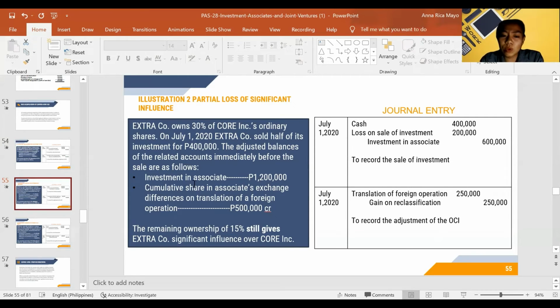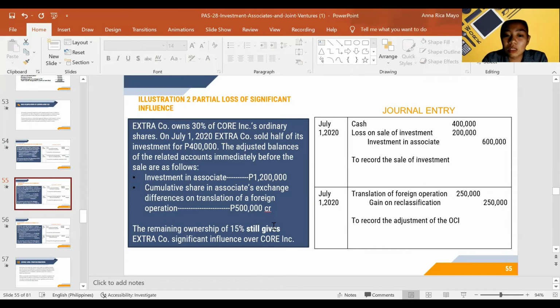And then, noong July 1, 2020, ang i-entry mo kasi nga, di ba dito binigyan pa rin siya ng significant influence. So, ang i-entry mo, mag-debit ka ng translation of foreign operation, 250,000. Gain on reclassification, 250,000. Bakit 250,000? Kasi nga, still, sabi niya dito, gives significant influence.